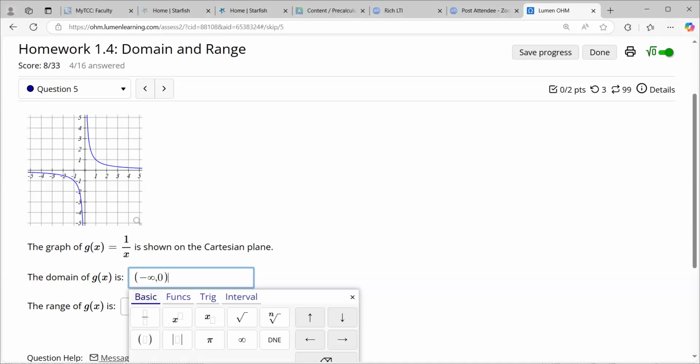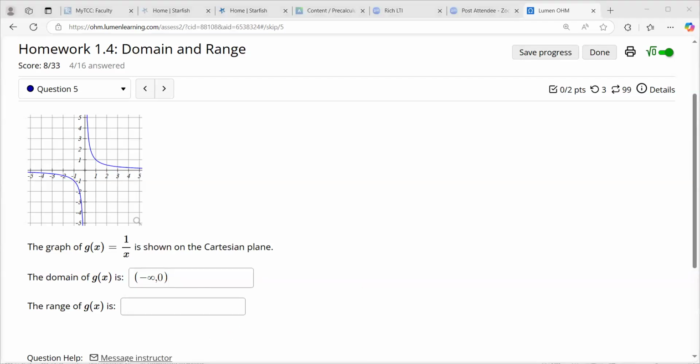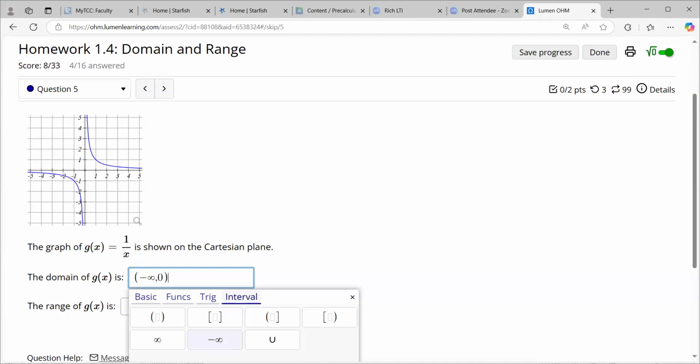Let me see where to find the union notation. Click on interval and it'll be there. Oh, okay. Yeah, exactly. And another parenthesis, 0 to positive infinity.